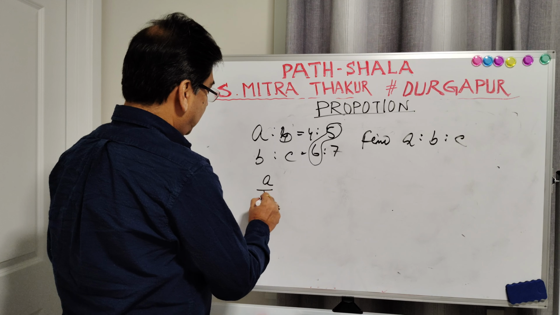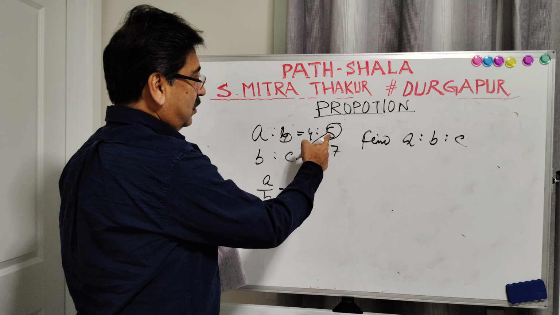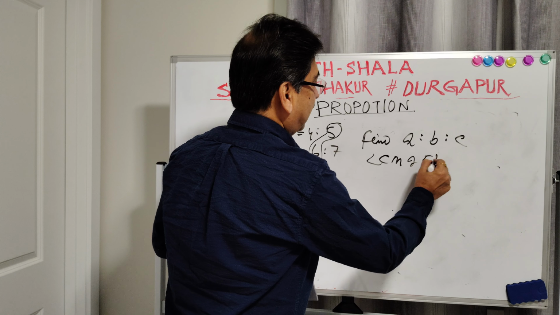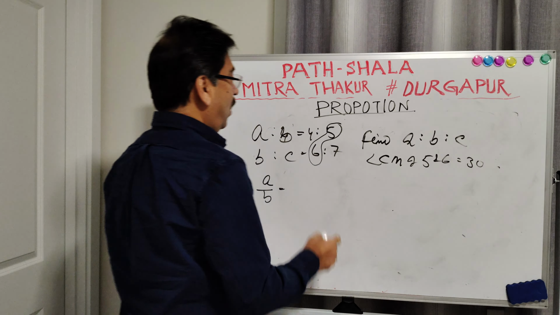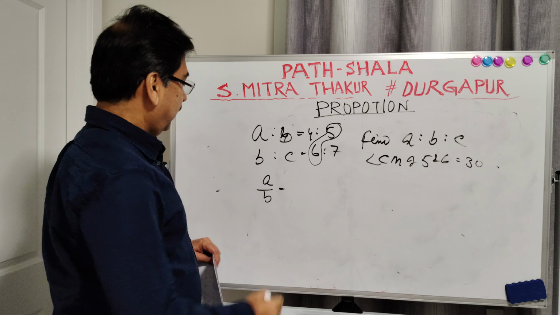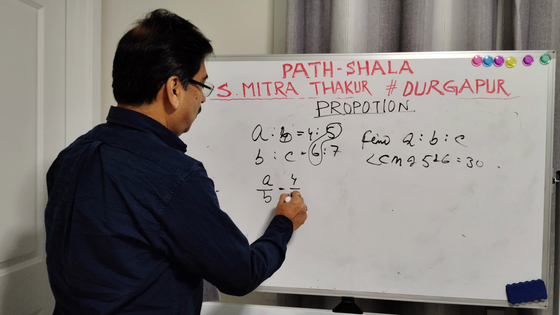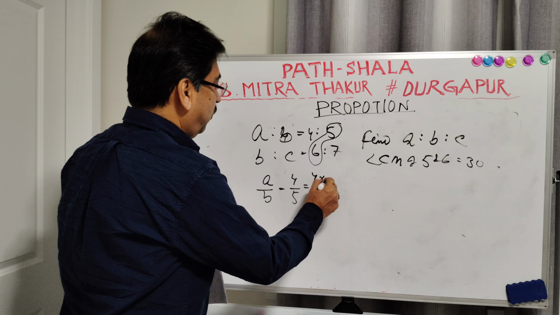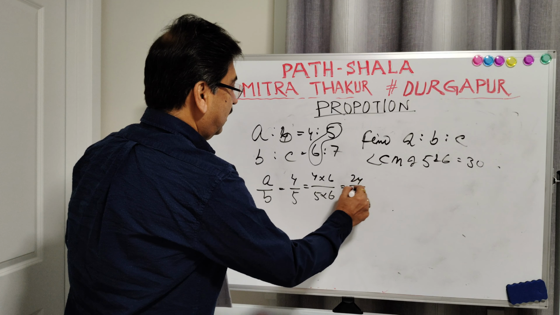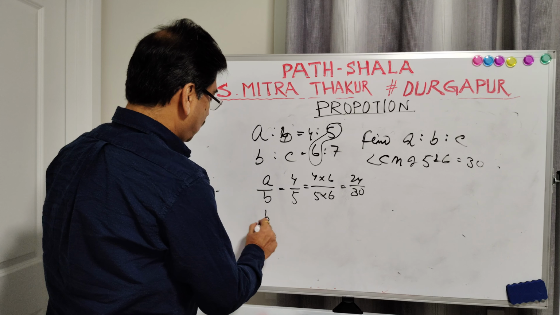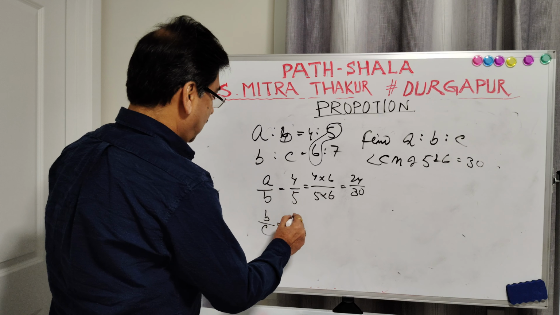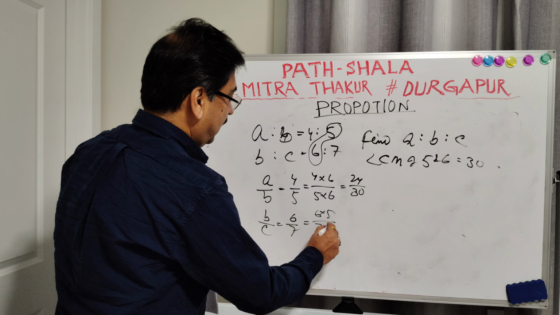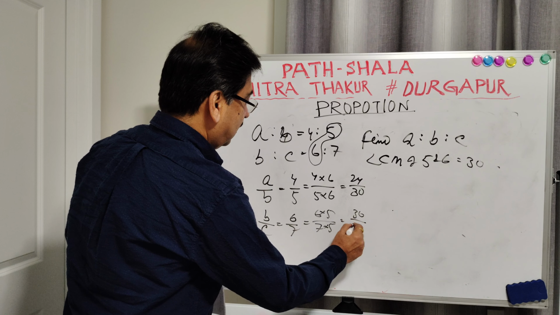So the LCM of 5 and 6 is equal to 30. So I will make these two values 30. So A by B is equal to 4 by 5, therefore 5 into 6 equal to 30, 4 into 6, that is 24 by 30. And B by C is equal to 6 by 7, that is 6 into 5 by 7 into 5, that is 30 by 35.